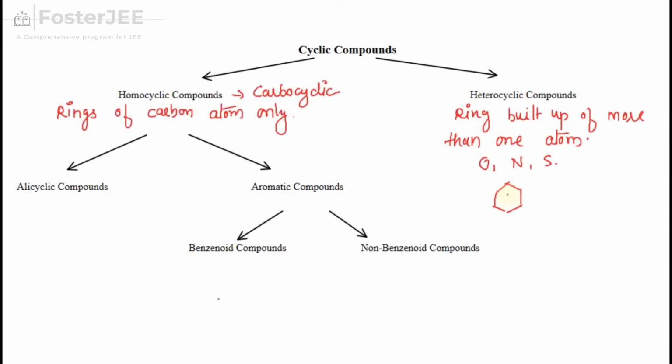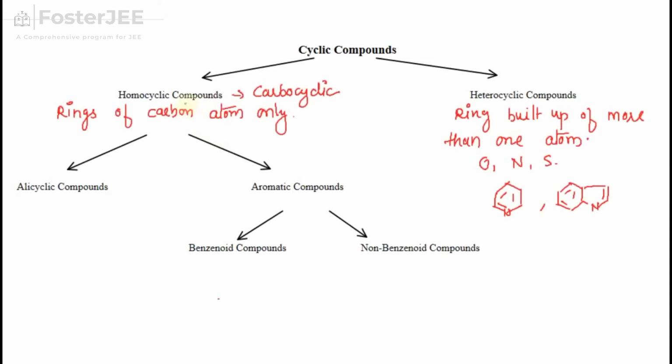Here we can see that pyridine contains a nitrogen atom other than carbon. And the other example is indole. Here in indole we can see that nitrogen is present other than carbon atoms. So it is a heterocyclic compound.